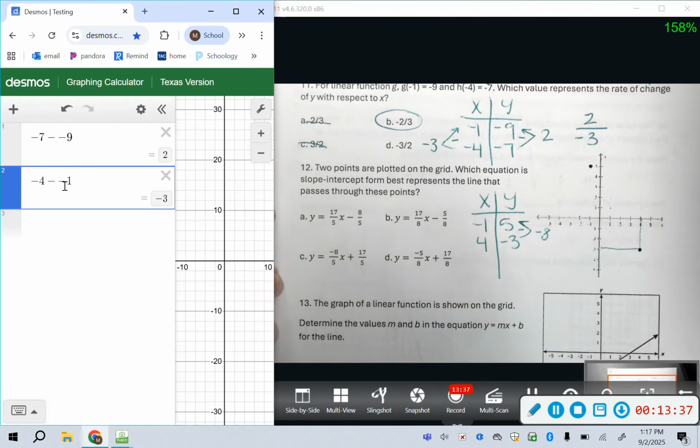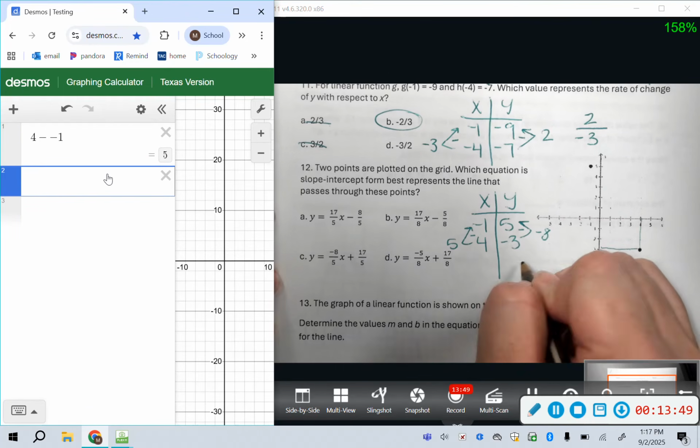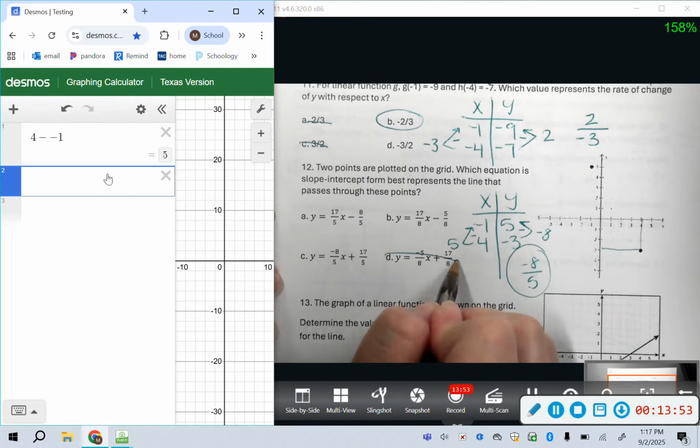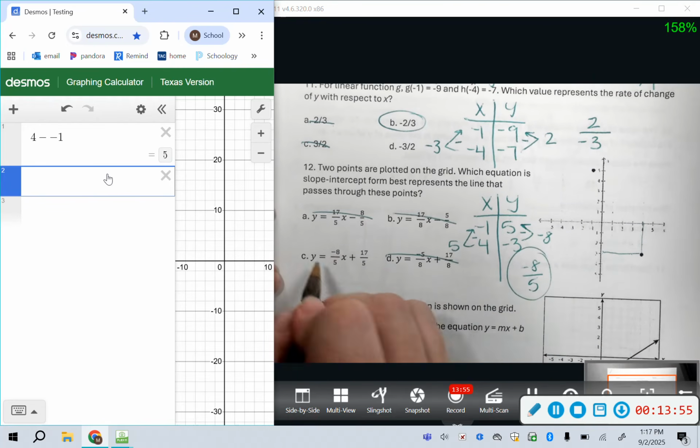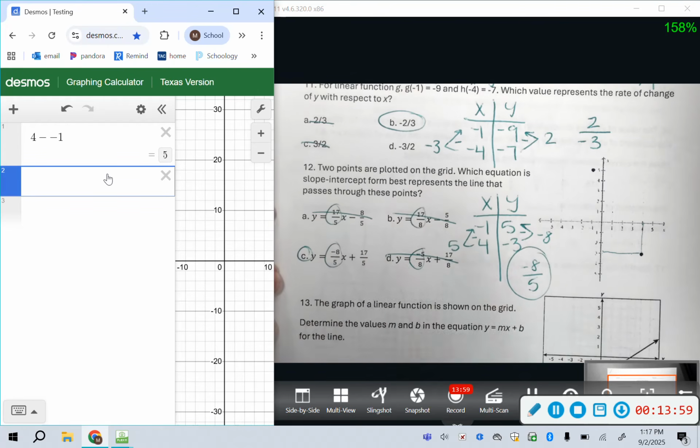That gives me -8. 4 minus -1 is actually going to give us 5. Use your calculator. 4 minus -1 is 5. Okay, so I have -8 over 5 as my slope. This is -5/8. Not the same, not the same. So C is my answer because I was looking at the slopes here to find my answer.